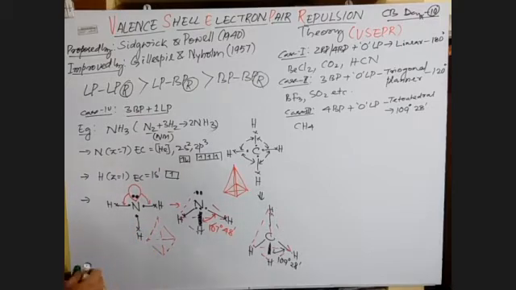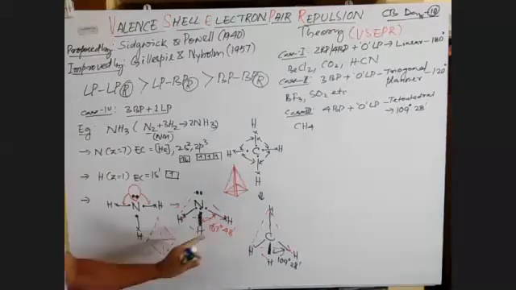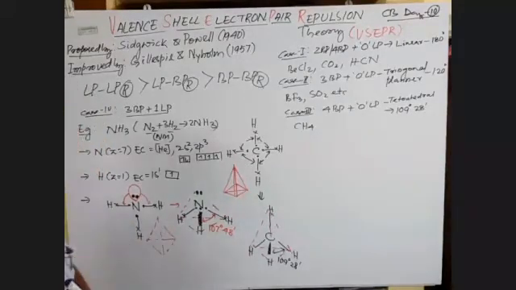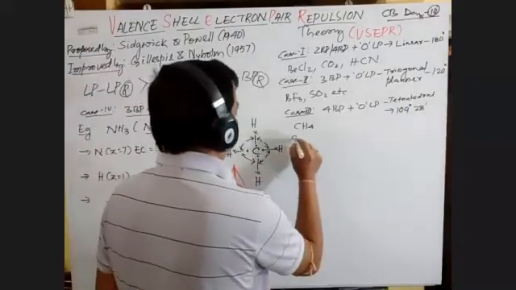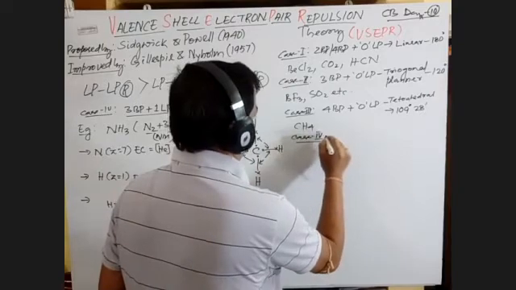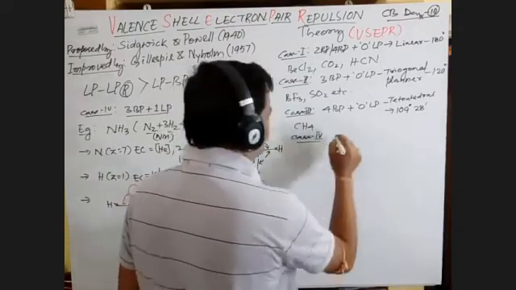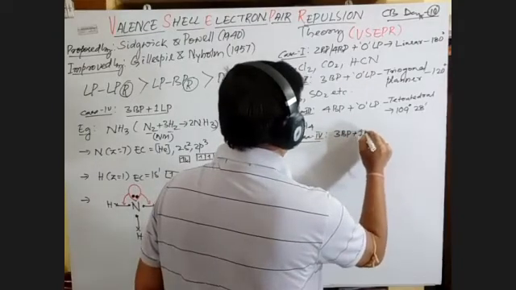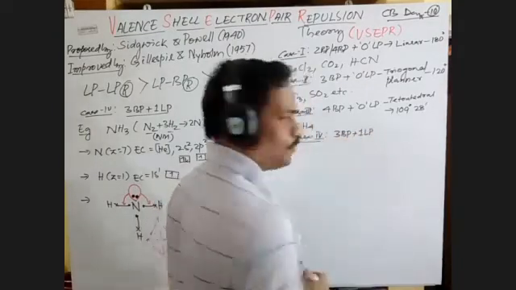Trigonal pyramidal shape, with the bond angle how much? 107 degrees 48 minutes. So this is case number 4: three bonded pairs with one lone pair of electrons.